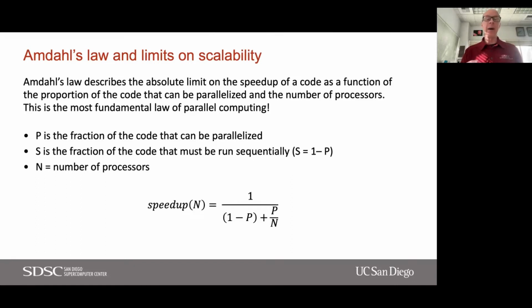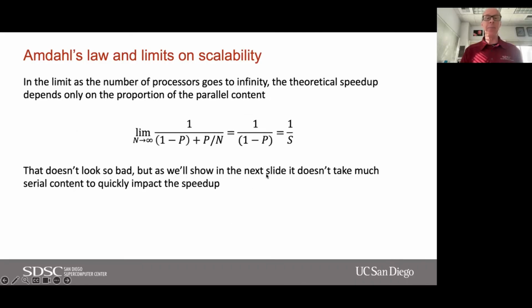So the speed up that you're going to get as a function of the number of processors is going to be 1 over (1 minus P) plus P over N. So you can see that the parallel part of the code, the time that we spend executing that is going to decrease with the number of processors. But the serial content, the time that we spend on that is going to be fixed.